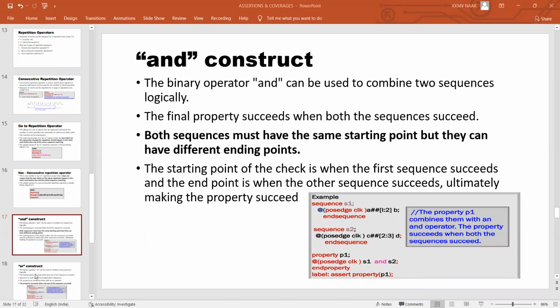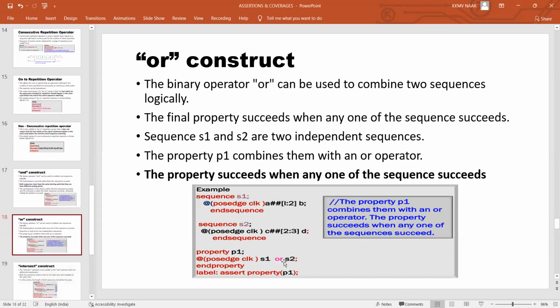Similarly, you have the OR construct also. It works like a normal OR gate: if any of the inputs is high, you get the output. Similarly here, if any of the sequences succeeds, then your property will succeed. In the OR construct, S1 and S2 are two independent sequences. In the AND construct, both sequences should have the same starting point and different ending points, but in the OR construct you don't have any such condition.